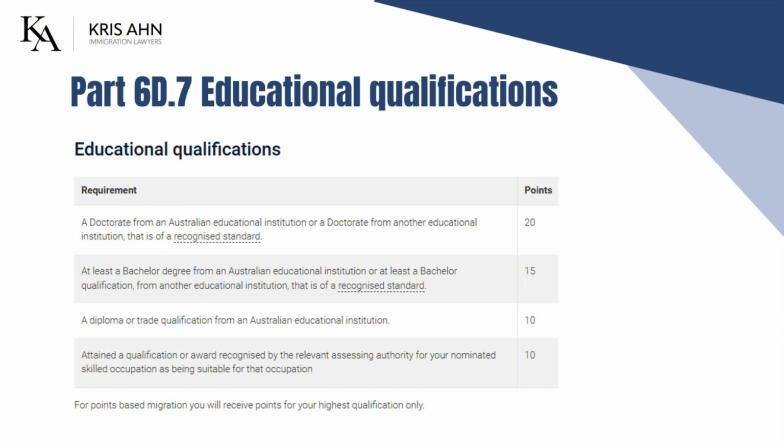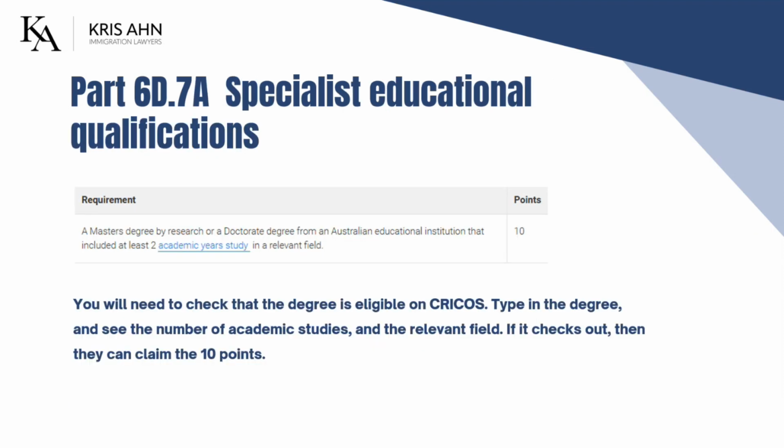So doctorate meaning like a PhD. Most of your clients, I think, will probably have a bachelor degree, as a lot of people do. So that's 15 points. Just follow this checklist, and you'll see how many points are given to who. You could also have a specialist educational qualification.